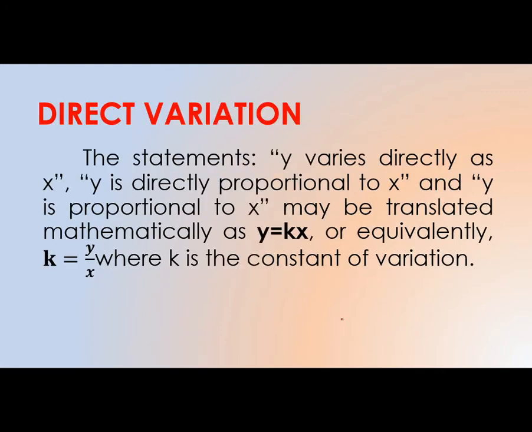So direct variation, we must be aware of the statement y varies directly. That means it is a direct variation. If you see the words varies directly, it is the root word for direct variation.